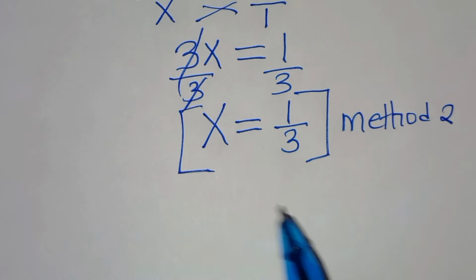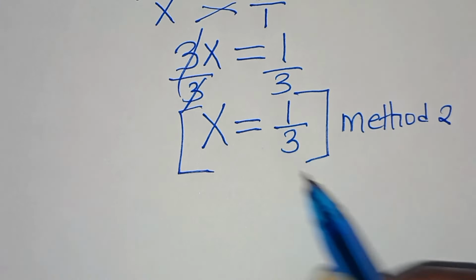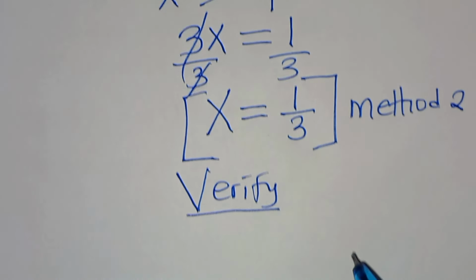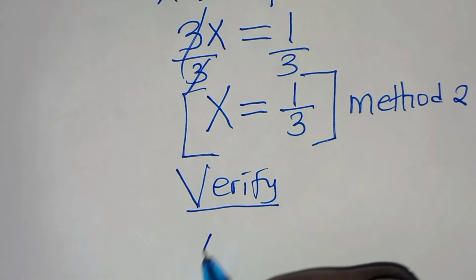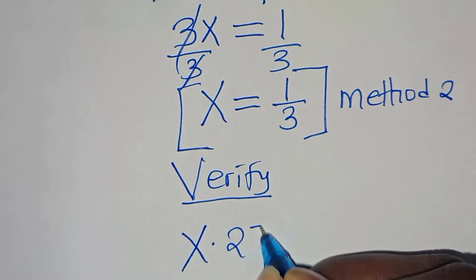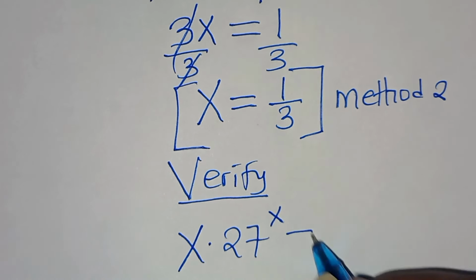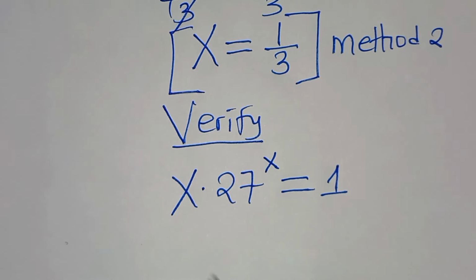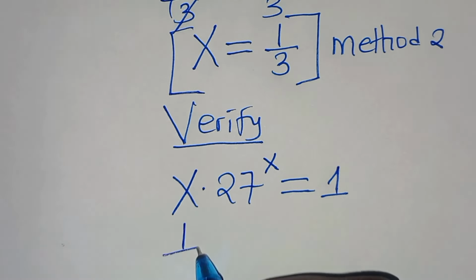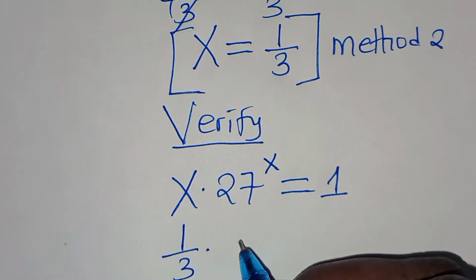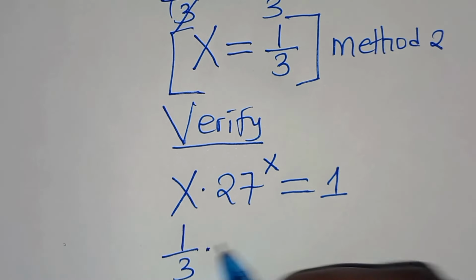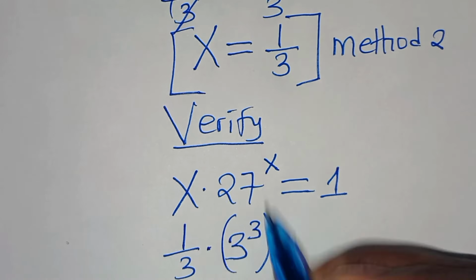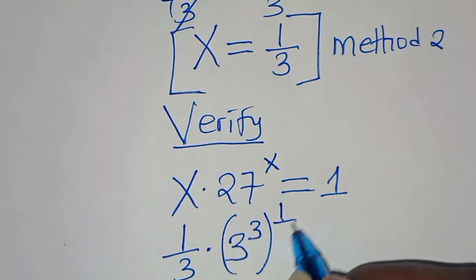The next step is to verify that this value of x satisfies the equation. We have x multiplied by 27 to the power of x, which is supposed to give us a value of 1. Substituting x, which is 1 over 3, multiplied by 27, which is 3 to the power of 3, raised to the power of x, which is 1 over 3.